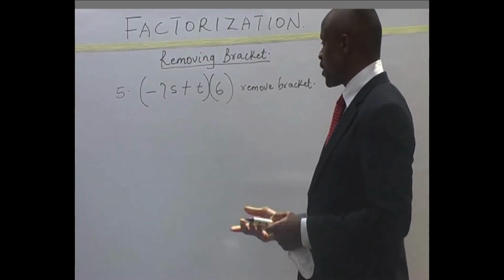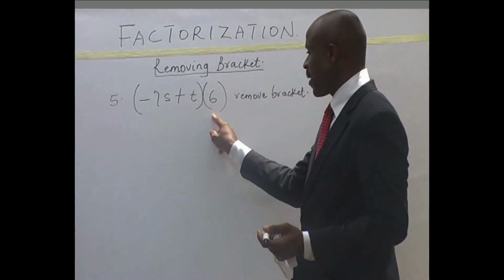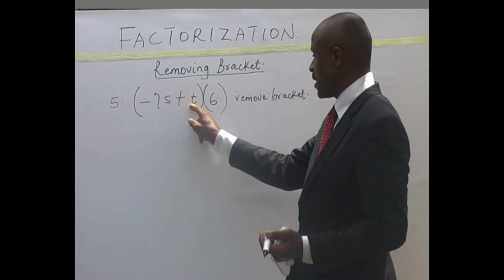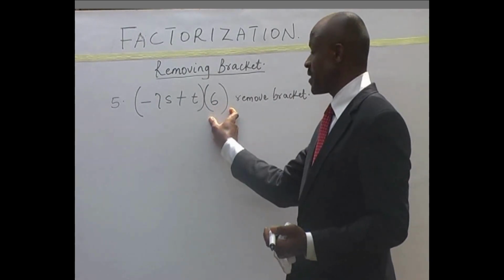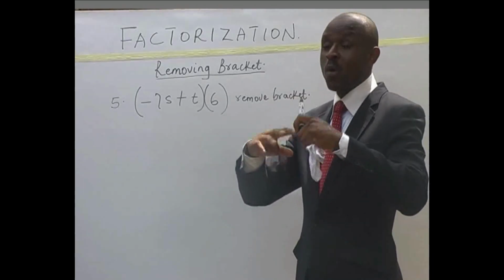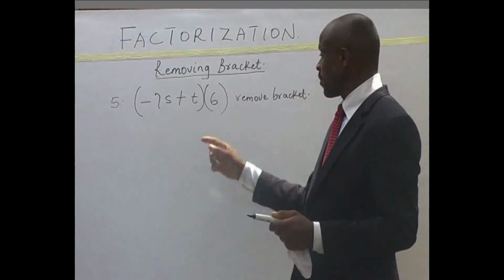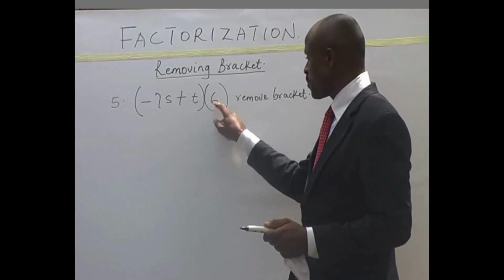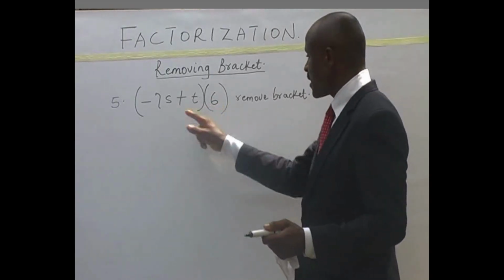This one, they just want to confuse you by enclosing the 6 in a bracket. Otherwise, it could have been minus 7s plus t inside bracket, outside you have 6. They just enclose it so it will look more elaborate or more complex, so that they will know if you will be confused. Whether there is this bracket or not, this 6 is just multiplying the things you have inside the bracket.